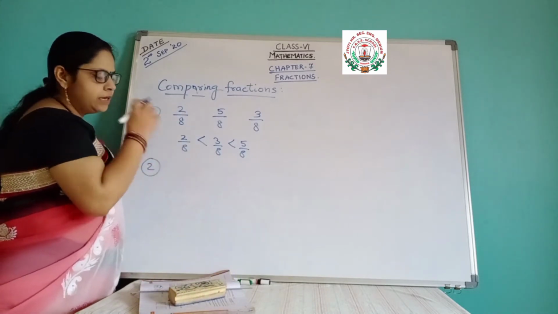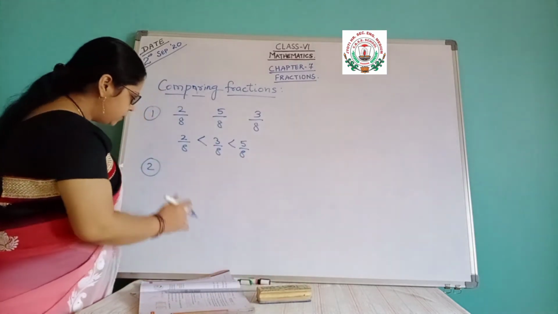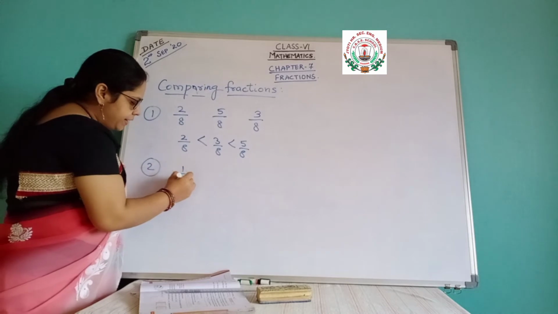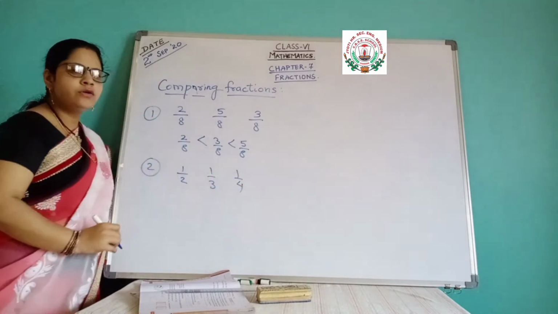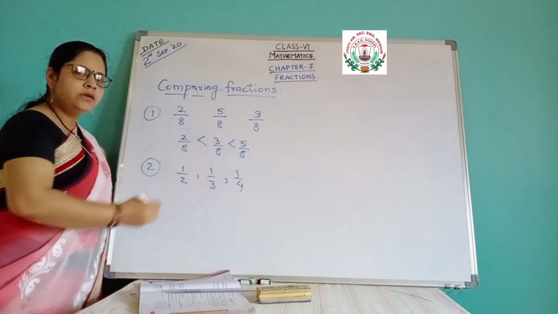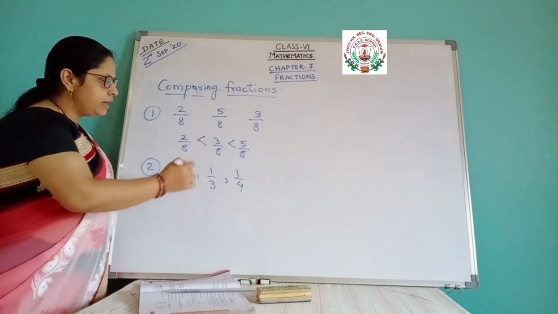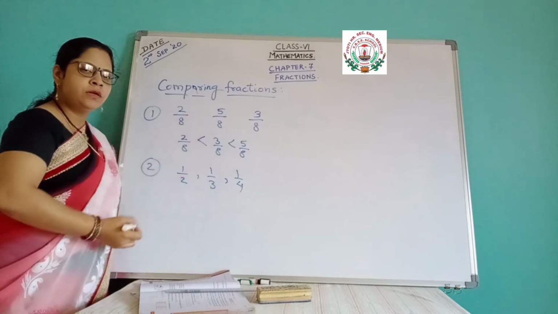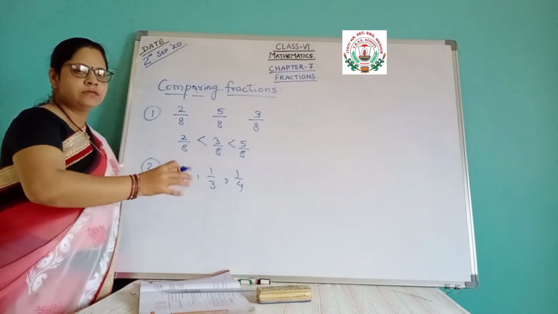Suppose you are having questions like 1 by 2, 1 by 3 and 1 by 4. Now how will you compare? Here you can see the numerators are same and the denominators are different. You can't just keep the numerator the same and arrange the denominators in the same order; it is in the reverse form.